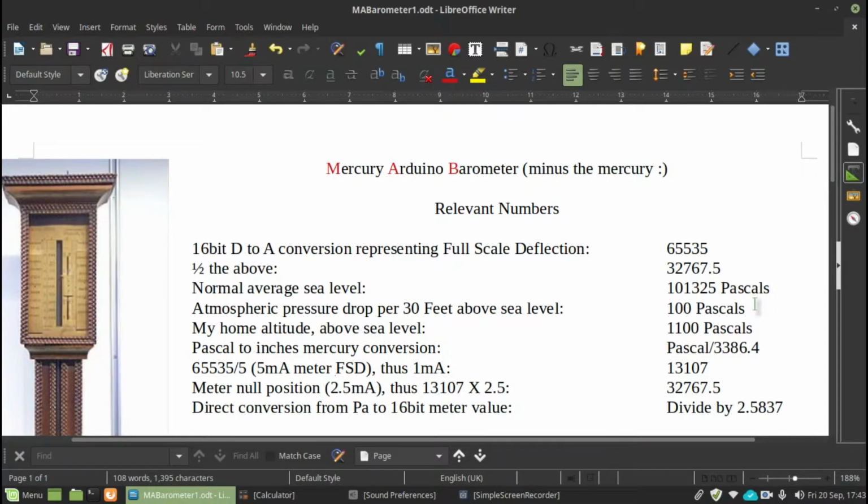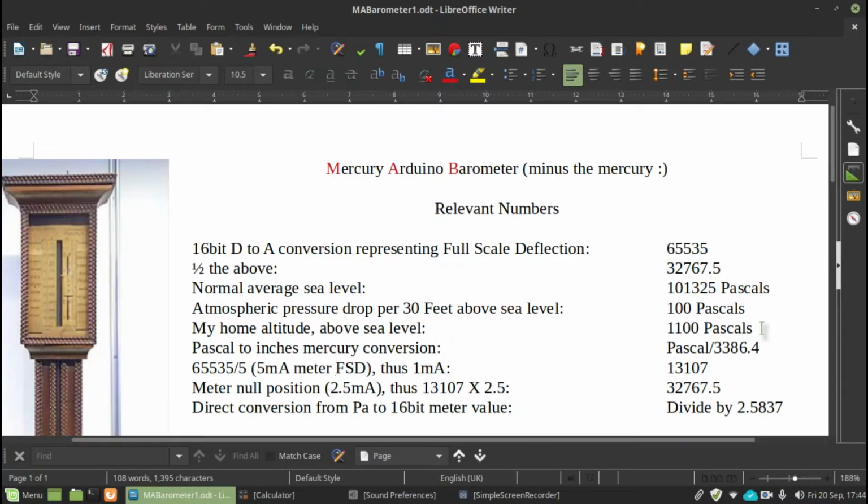The fourth number down is atmospheric drop per 30 feet above sea level. Well, the further you climb up away from the sea level, the atmospheric pressure will go down. It's a natural law, and it goes down at approximately the rate of 100 pascals per 30 feet.